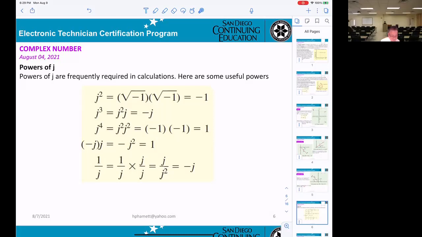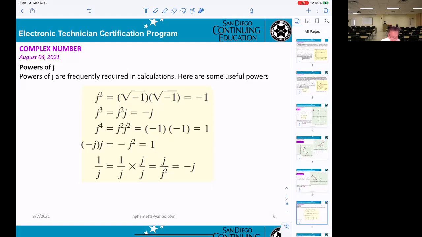Correct. And they've given you some few calculations, like 1 over j. Okay, to see what 1 over j equals. So now they prove it. 1 over j times j over j. j over j, that's just a 1, no big deal.